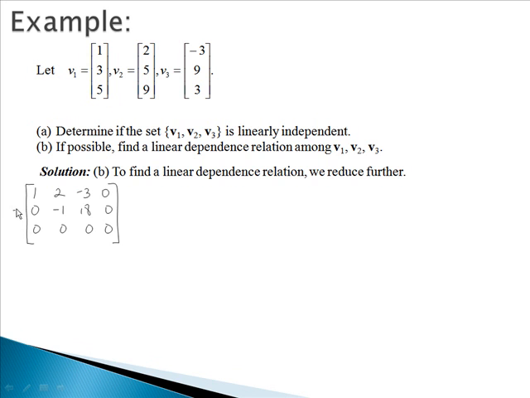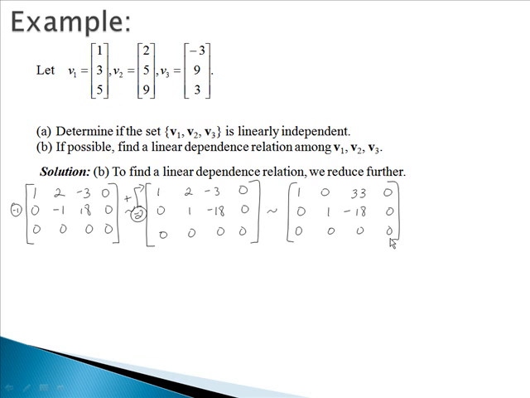I'll multiply through by a -1, and we get this matrix, and then I'll multiply by a -2 and add upward, and we get this matrix. And so then we can solve here and see that we end up with x1 equal to -33x3, x2 being equal to 18x3, and then x3 is free.